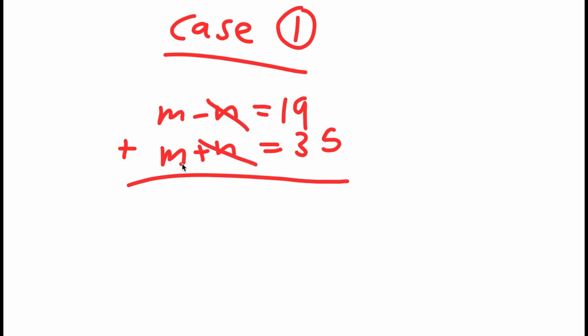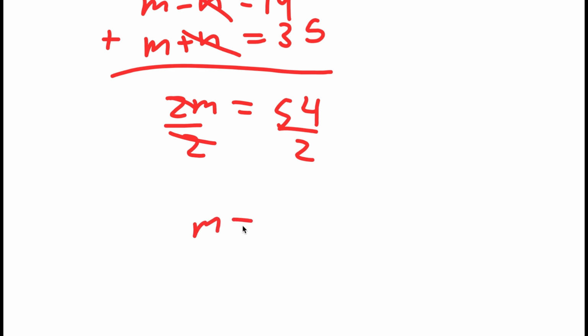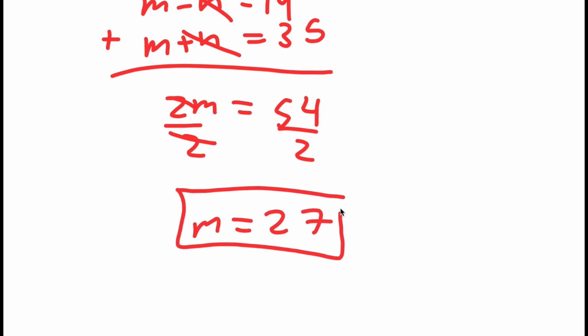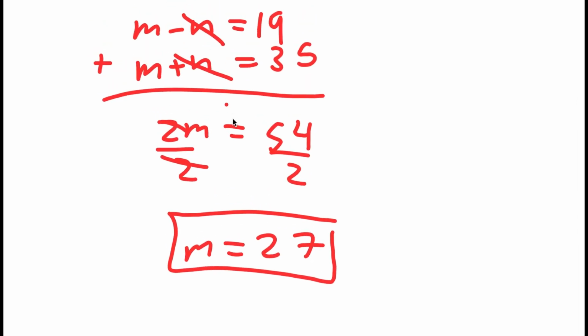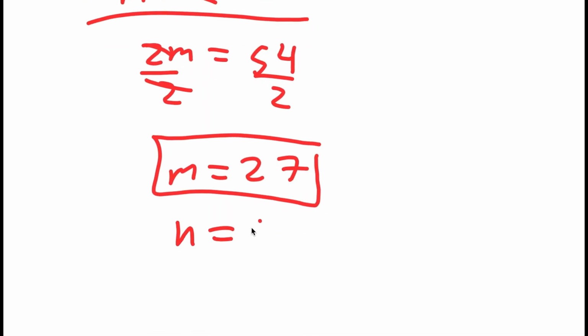So these two cancel out. m plus m is 2m, and 19 plus 35 is 54. So I have 2m is equal to 54, and if I divide both sides by 2, m is equal to 27. And in this case, if m is equal to 27, n is equal to 8.